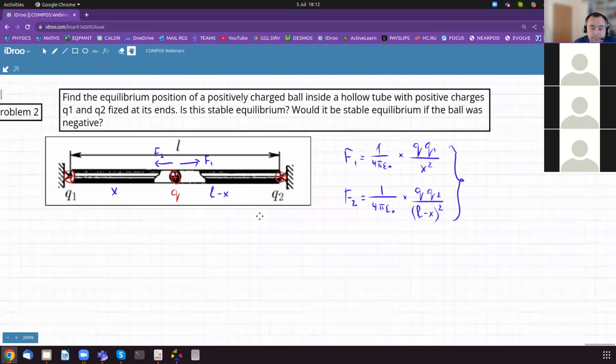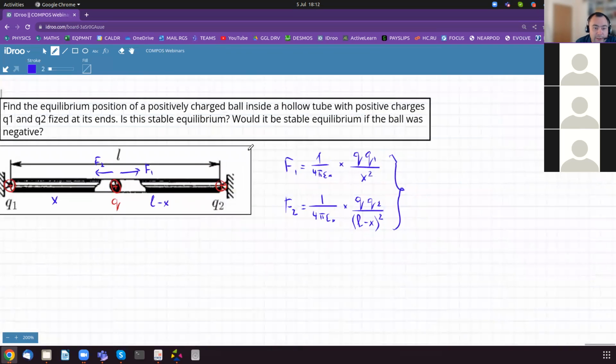Therefore, we can say that 1 over 4 pi epsilon naught Q1 over x squared equals 1 over 4 pi epsilon naught Q2 over L minus x squared.